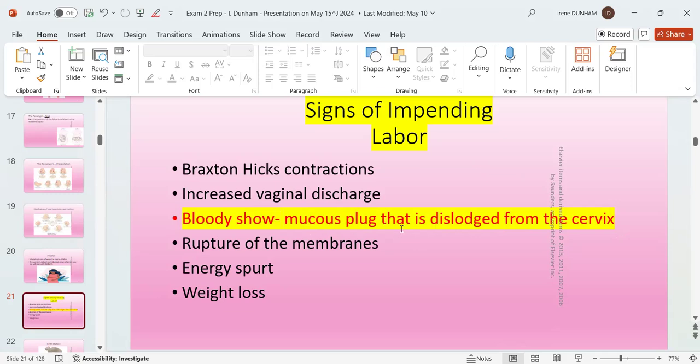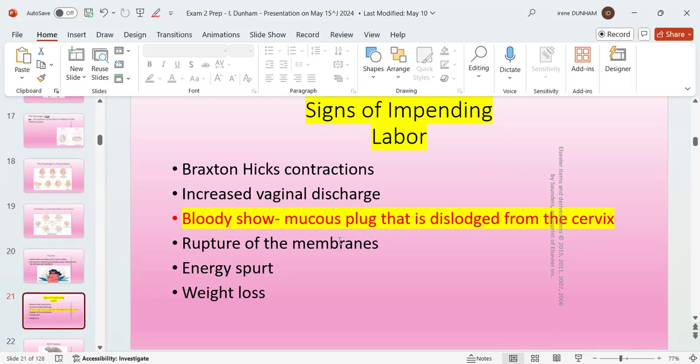It's usually up in the cavity of the cervix, keeping bad bacteria from going up into the uterus, and now that's being released. So the body is getting ready for true labor to start.